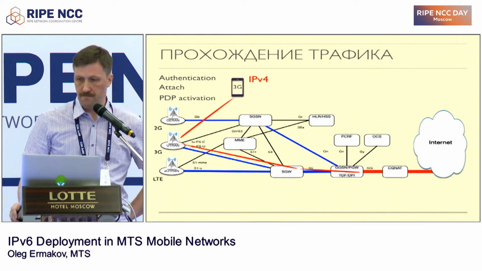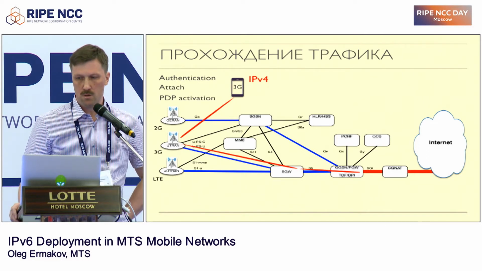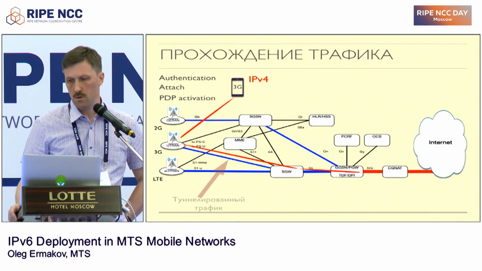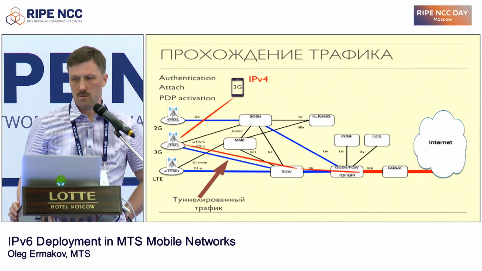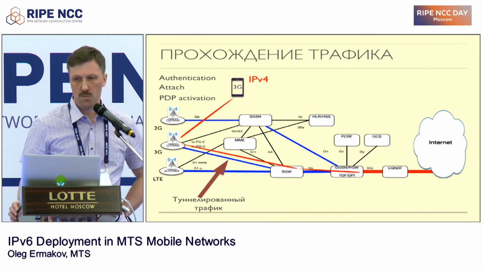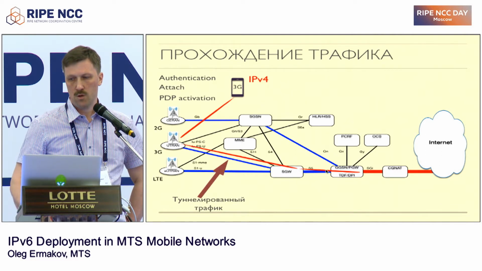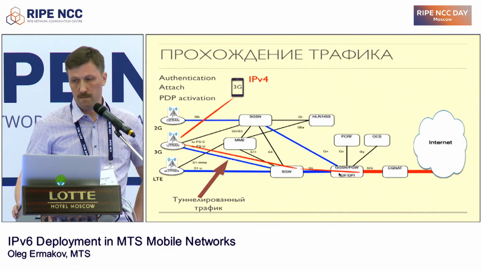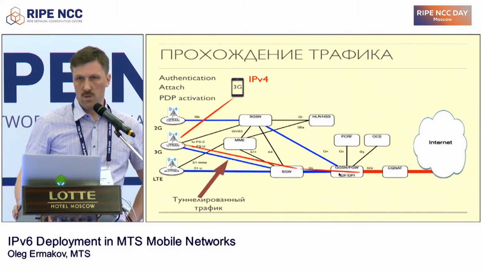And for historic reasons, the blue lines take the traffic in a tunneled manner from the radio subsystem to the gateway. In our example, we've got an address in the IPv4 version, and the tunnel is built from the handheld to the gateway.